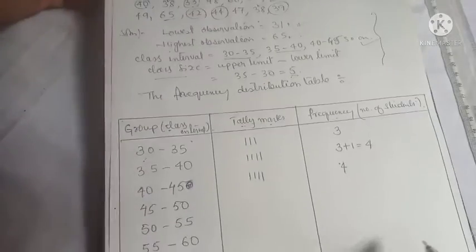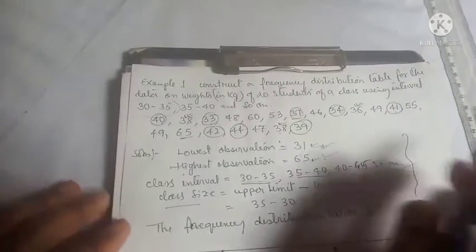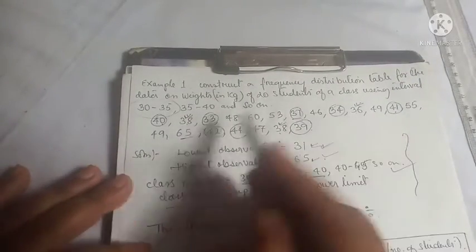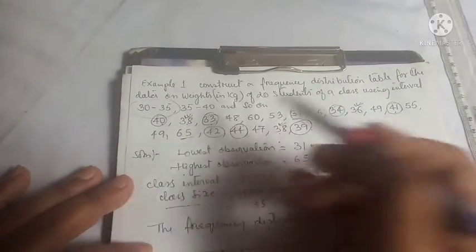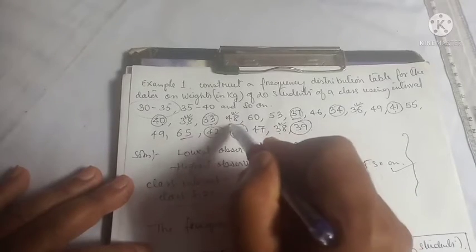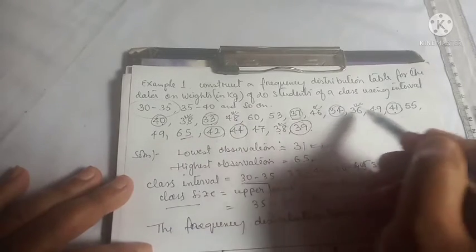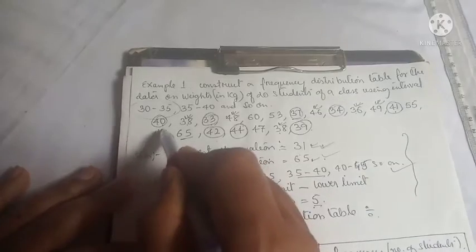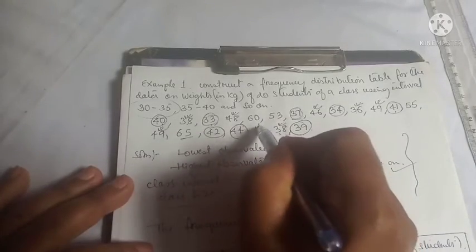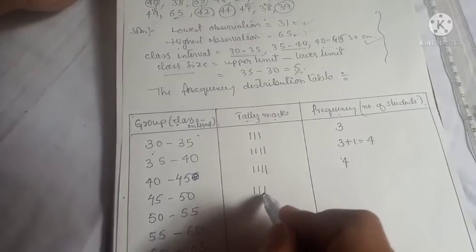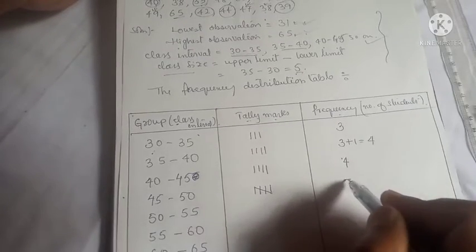Okay, next one is 45 to 49. 1, 2, 3, 4, 5. Then we have to write here 5.